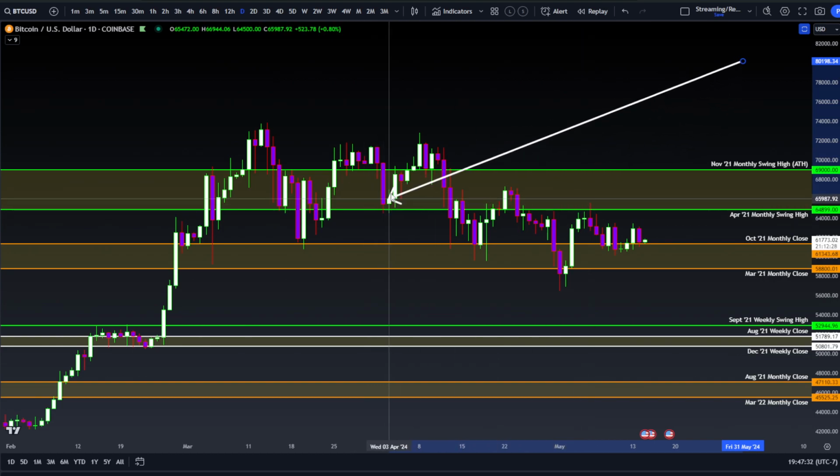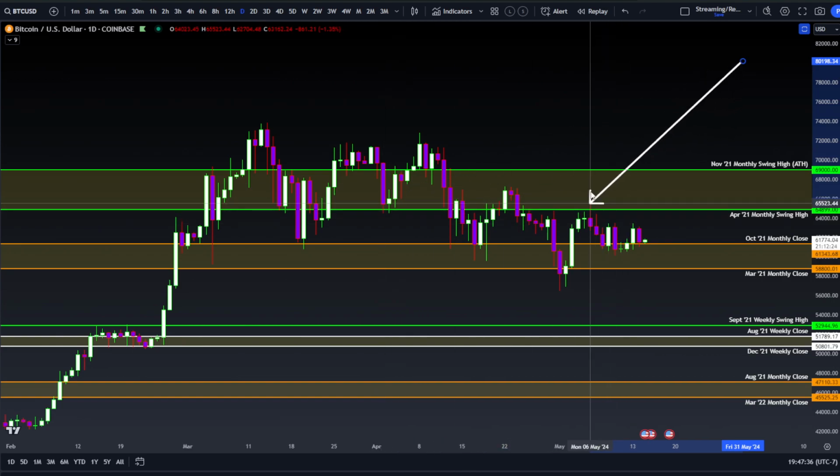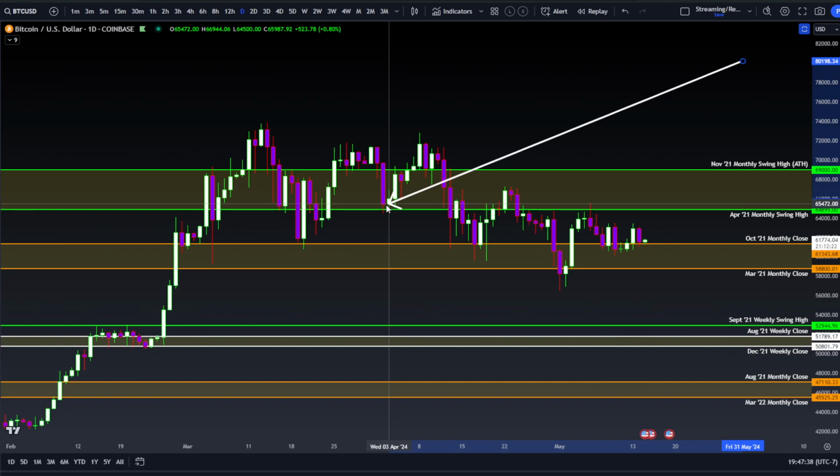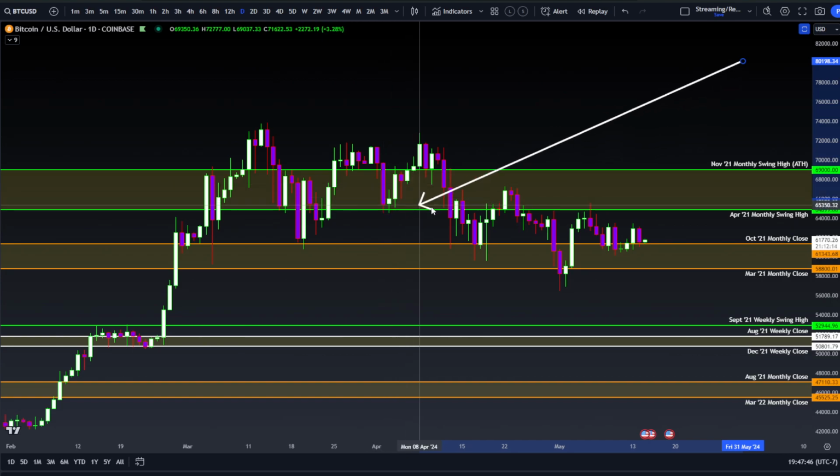We do have around $66,000. We've got 65.5 spiked into this low right over here. This low is coming in from the 2nd of April into the 3rd of April before it was actually set.